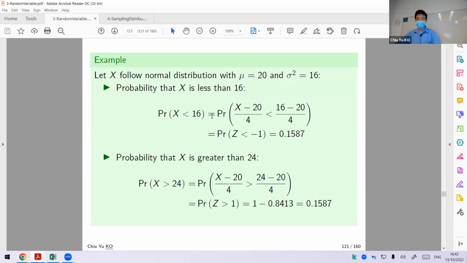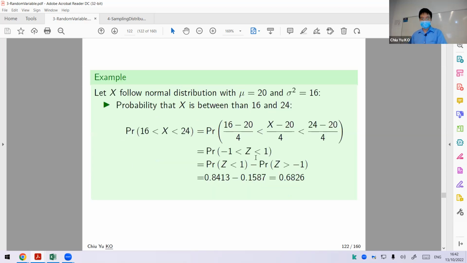Because you subtract its mean over the standard deviation, and you do the same operation for both sides. This inequality is the same as this inequality, right? You just subtract and divide, and this transforms to Z. This Z is a standard normal where you can use a table, or the calculator. And today we talk about an Excel formula that tells us how to do this quickly, okay?